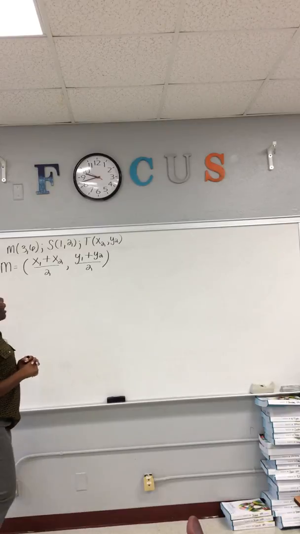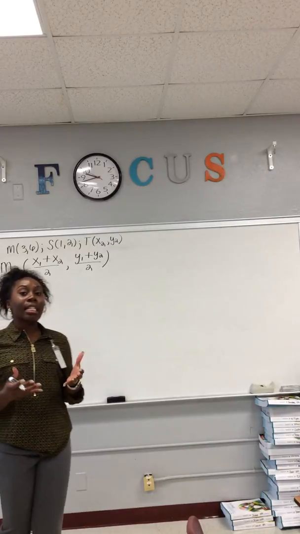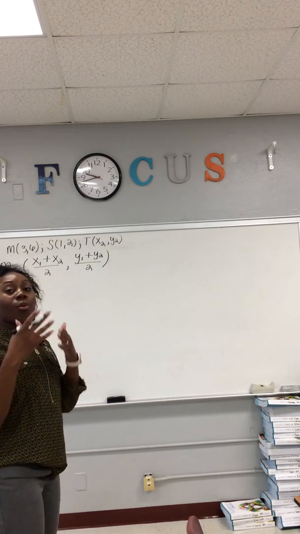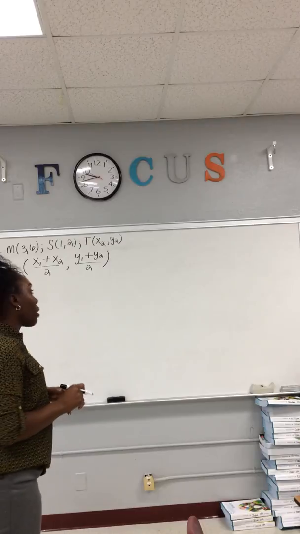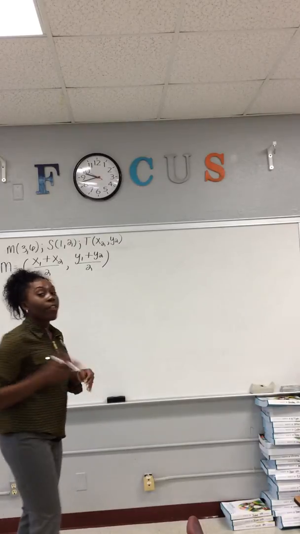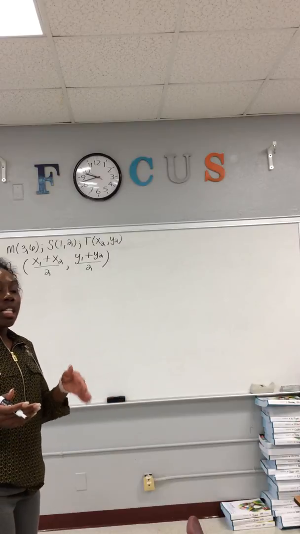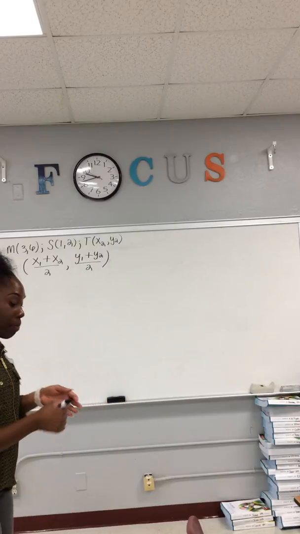So what I need to do is actually set up an equation for both the x values and the y values, and I'll show you exactly what I mean by that. The first thing that you should do, just like we did in the one problem before, is to label the points.